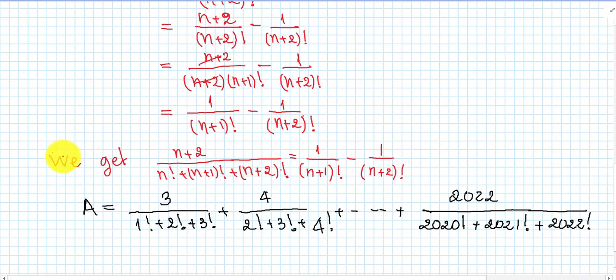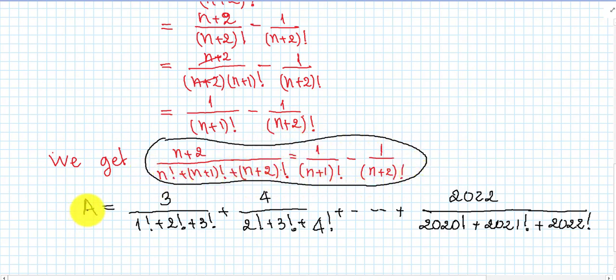And also we get n plus 2 over n factorial plus n plus 1 factorial plus n plus 2 factorial equals 1 over n plus 1 factorial minus 1 over n plus 2 factorial. So we use that form to solve this expression.